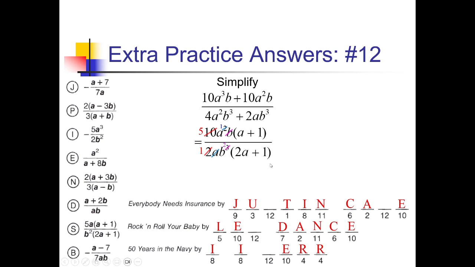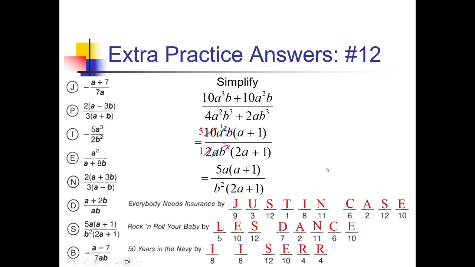So in the numerator, I have a 5, an a, and an a plus 1. In the denominator, I've got a b squared and a 2a plus 1. And I can see that right here with this s. So that's what 12 is. We got an s right here and another s in that first line. Then we have a third s in the second line and the last s, the last letter, right down here in the third line.